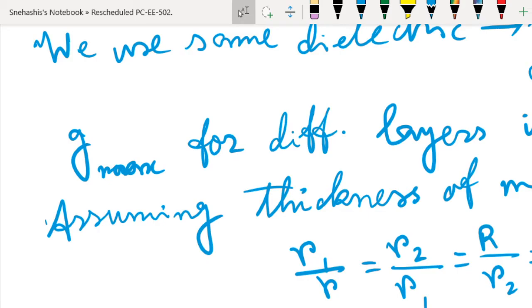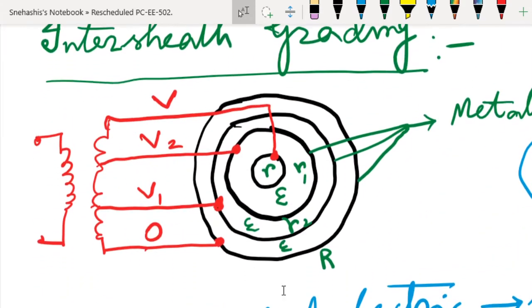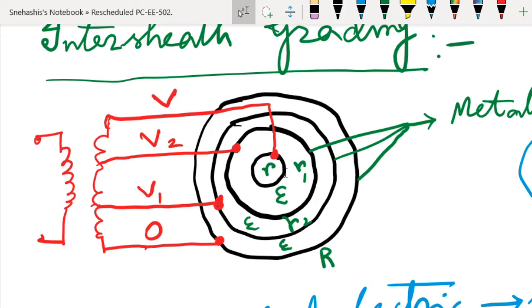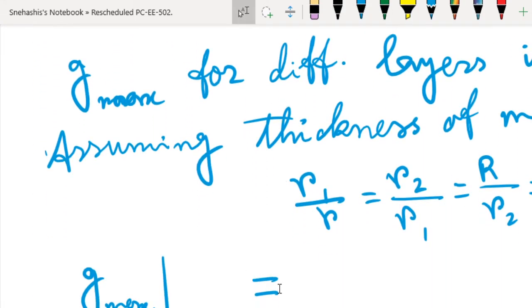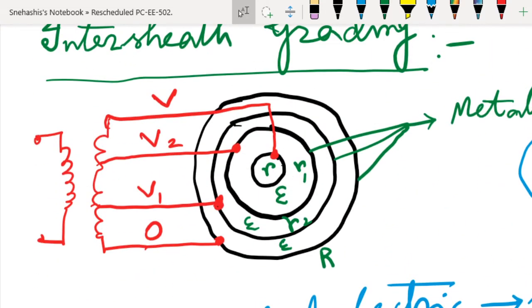Okay. So with this arrangement, the Gmax at conductor surface, you know the formula. Voltage difference between the two layers, V minus 0.